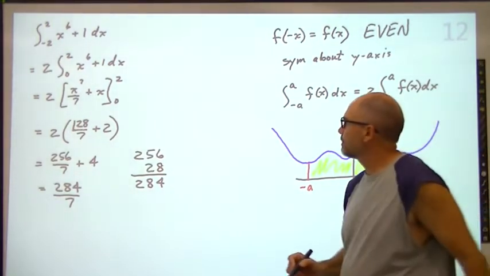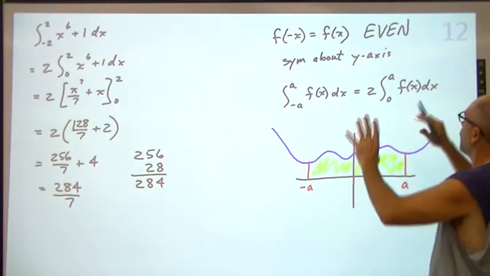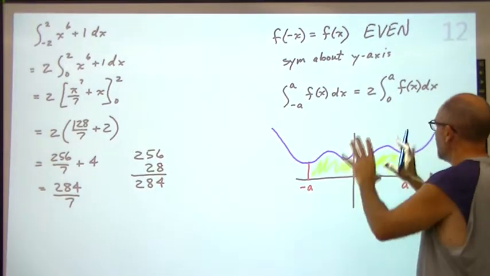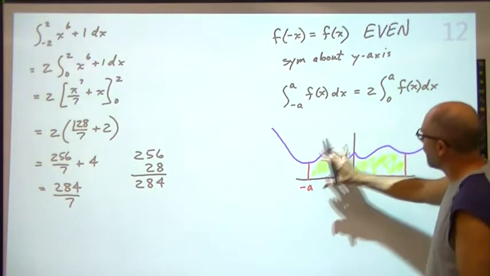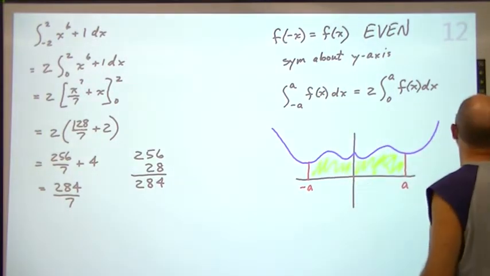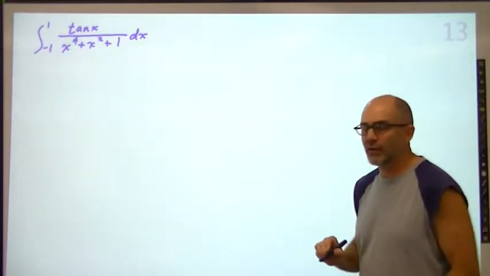All right, last idea. We said if we have an even function, it's symmetrical about the y-axis, which gives you double the area. This next one is even nicer.